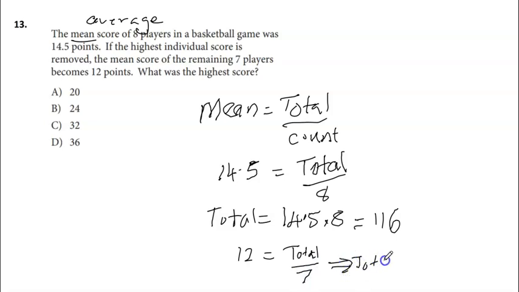So from here, total is equal to what? 12 times 7, which is equal to what? What is 12 times 7? 84, right?